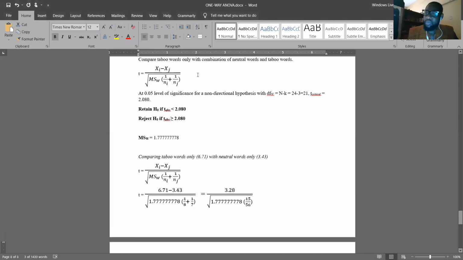So with the protected t, like what we did for LSD, we need to get a critical value in there. And we use the same assumptions. You need to find out the degree of freedom, the level of significance, and whether your hypothesis is directional or non-directional.